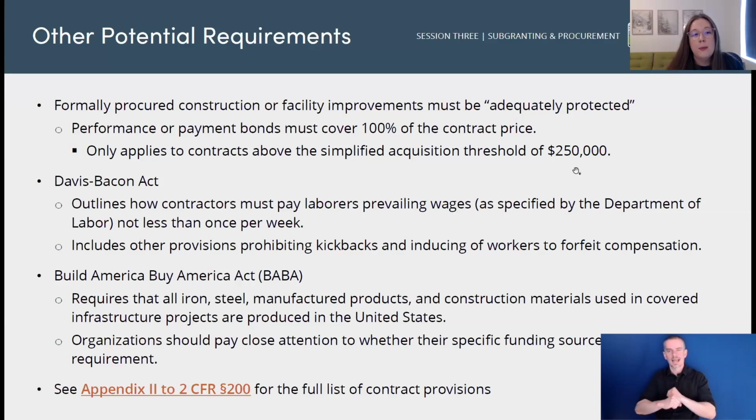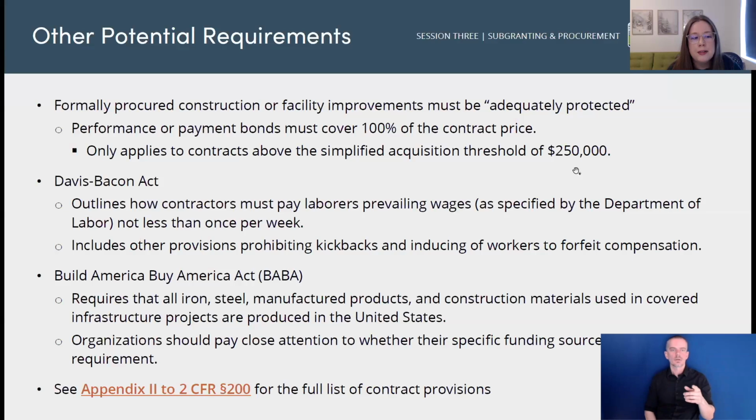The performance or payment bonds have to cover 100% of the contract price. But that only applies to contracts above that $250,000 threshold, which aligns with the formal procurement threshold.